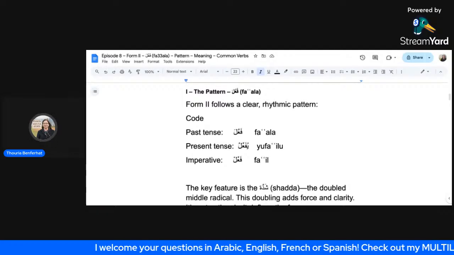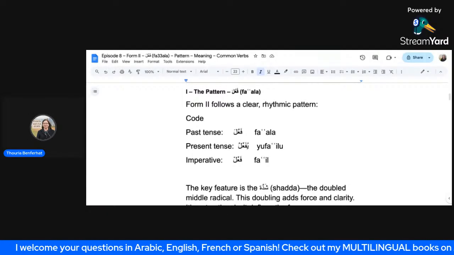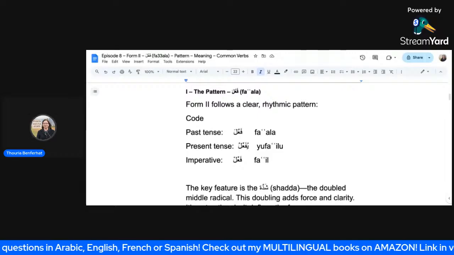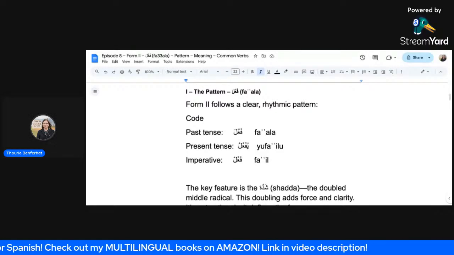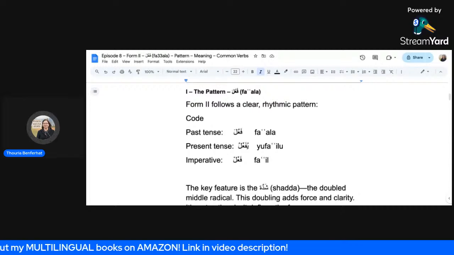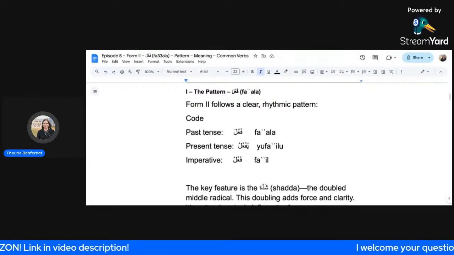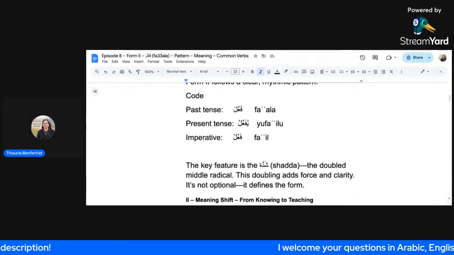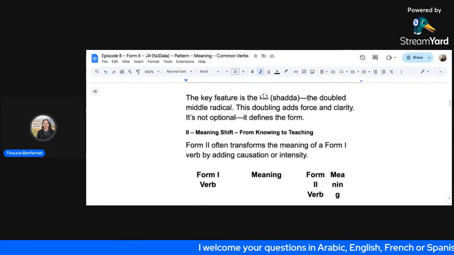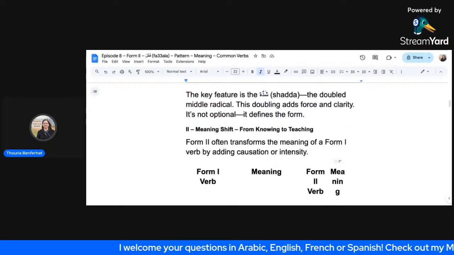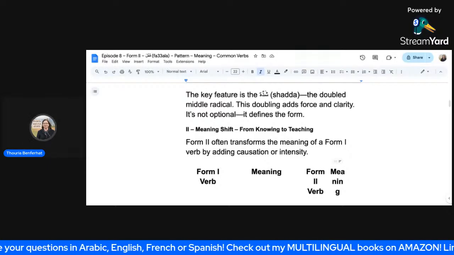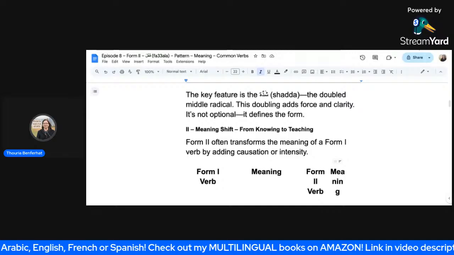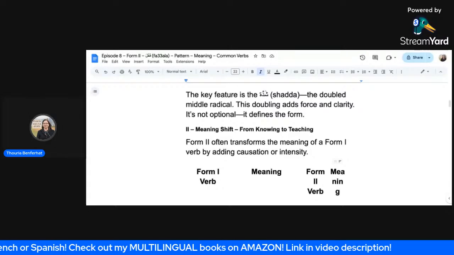Form 2 follows a clear rhythmic pattern. faʿʁala, يفعل, فعل. فعل is the past tense, يفعل is the present tense, and فعل is the imperative. The key feature is the shadda, the doubled middle radical. This doubling adds force and clarity. It's not optional. It defines the form.